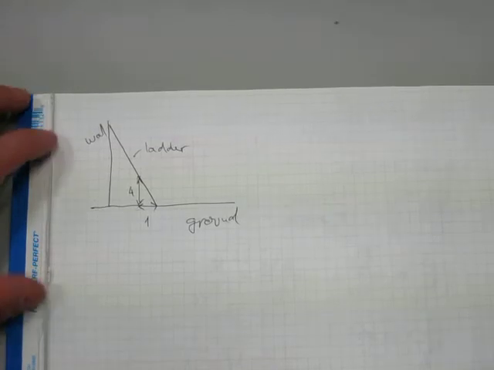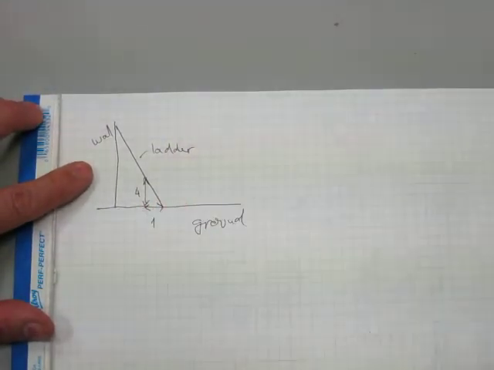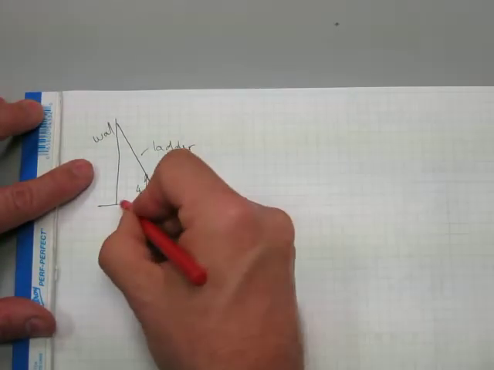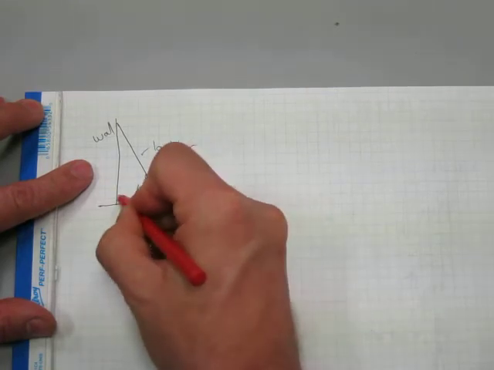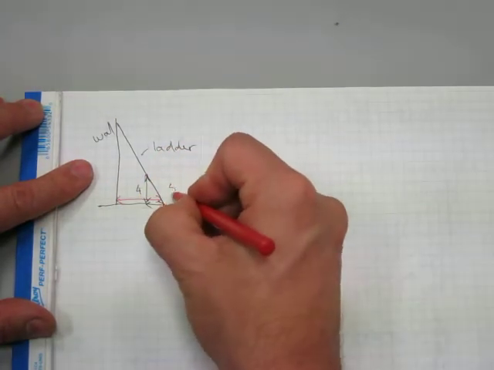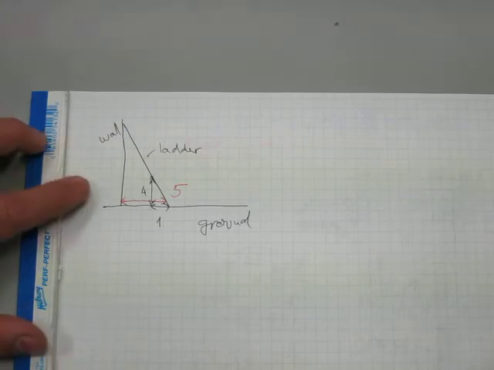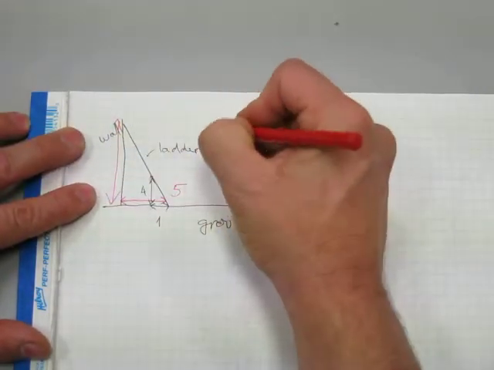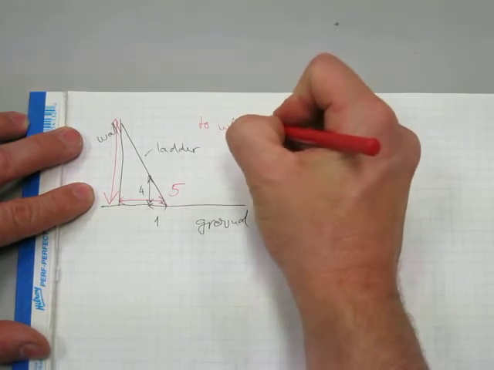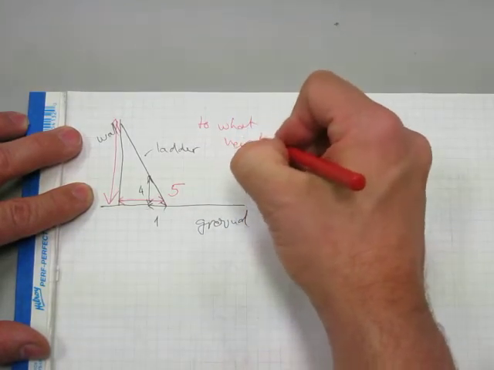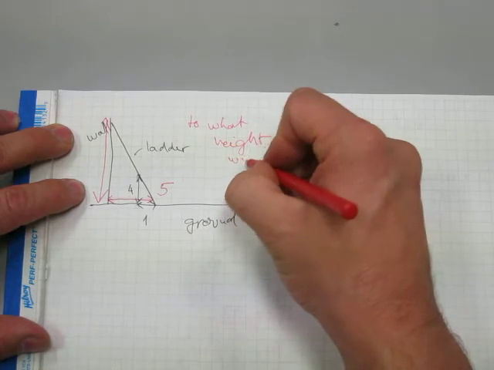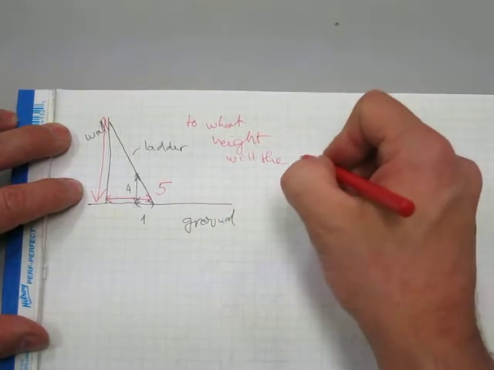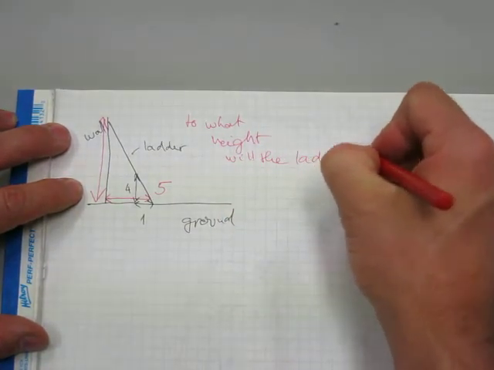1 to 4. Now if the base of the ladder is pulled away from the wall, say 5 feet, the question is, to what height will the ladder reach?